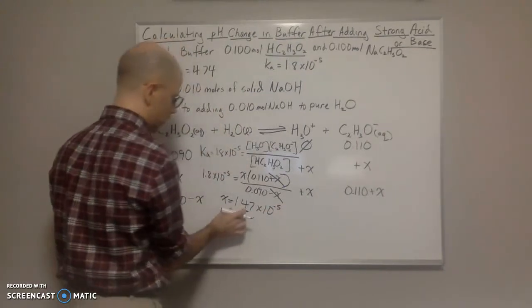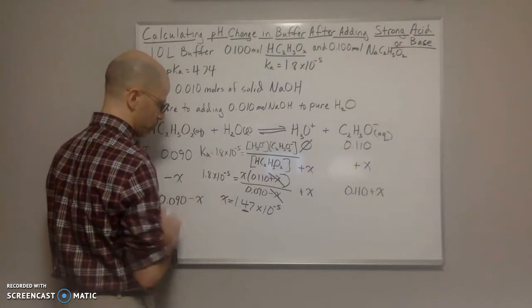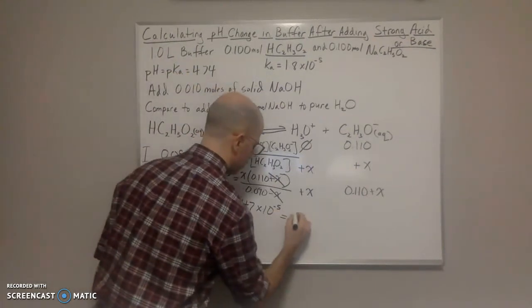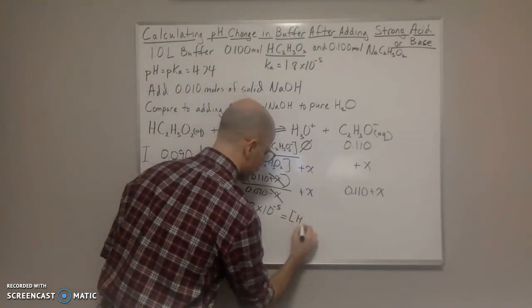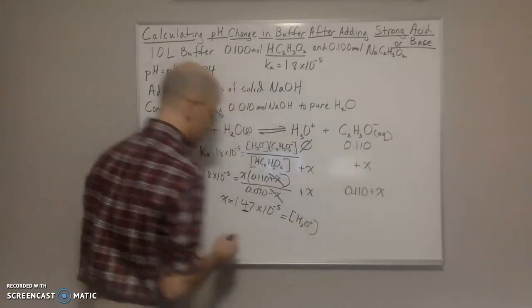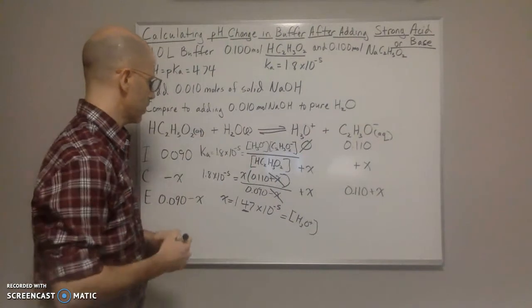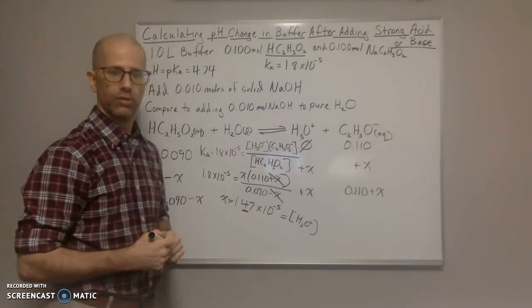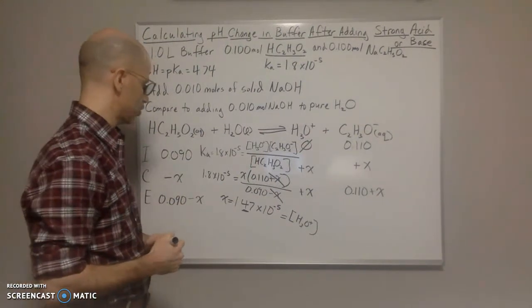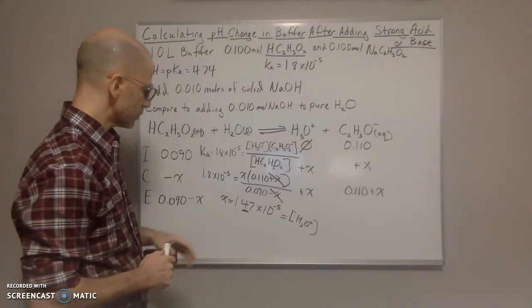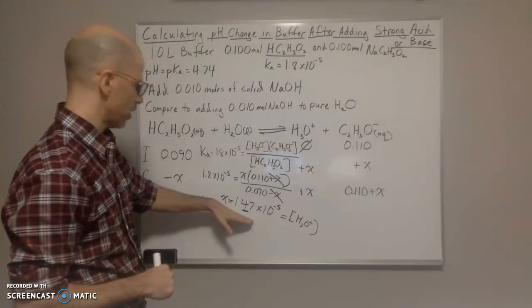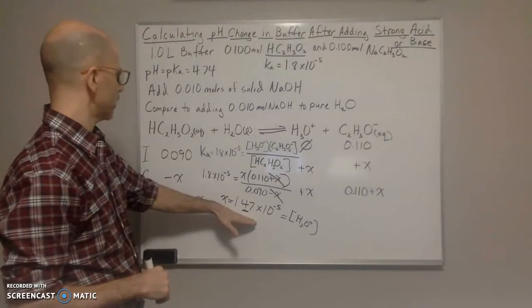So we'll only allow 2 sig figs here because we have 2 sig figs here. And this is equal to our H3O plus concentration, which is what we have for x here. And so we can use this to find the pH. So all we need to do is take the negative log of this, but let's check the validity.